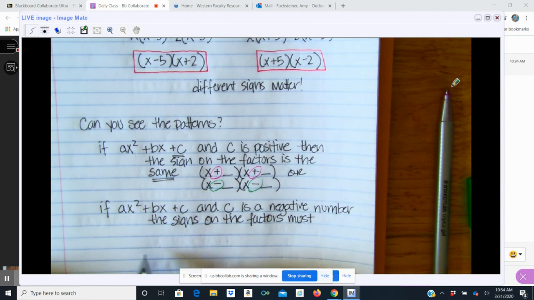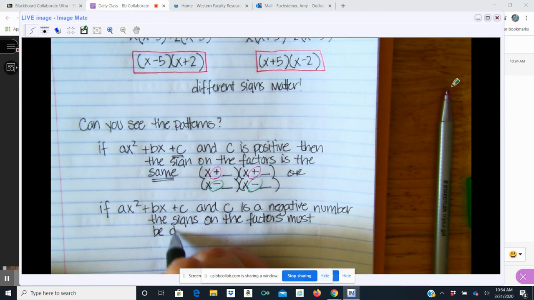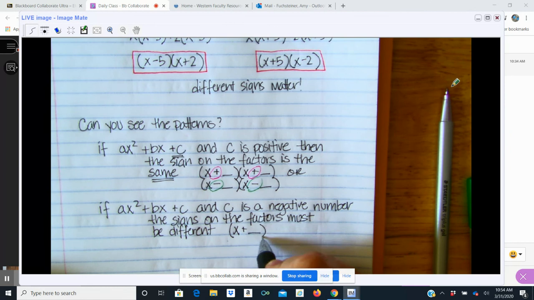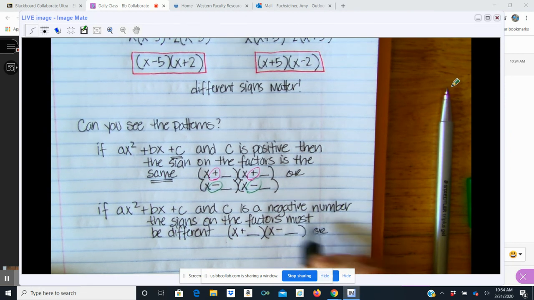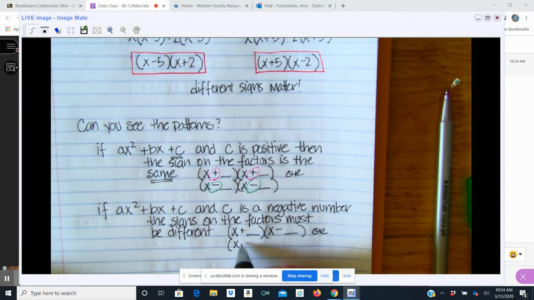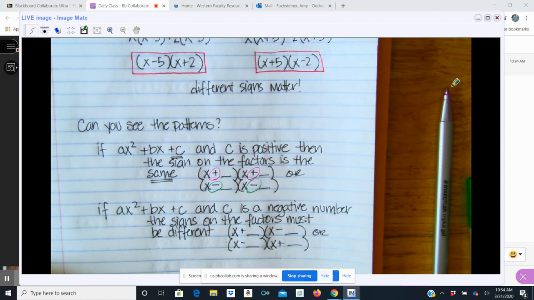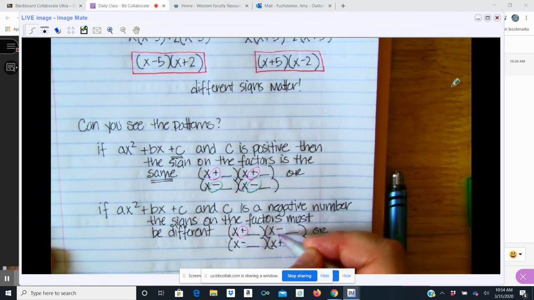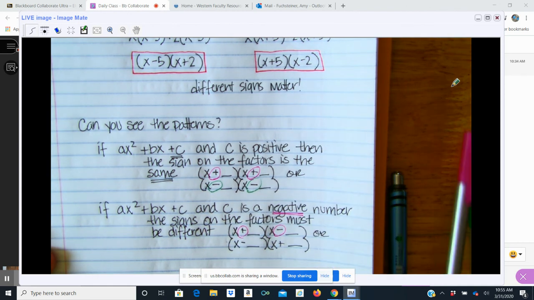If that's the case, then the signs on the factors must be different. In other words, we'd have an x plus a number, x minus a number. Or they could be swapped around. We could have x minus some number and then x plus a number. Because the only way we're going to get a negative c is if we multiply a positive by a negative.